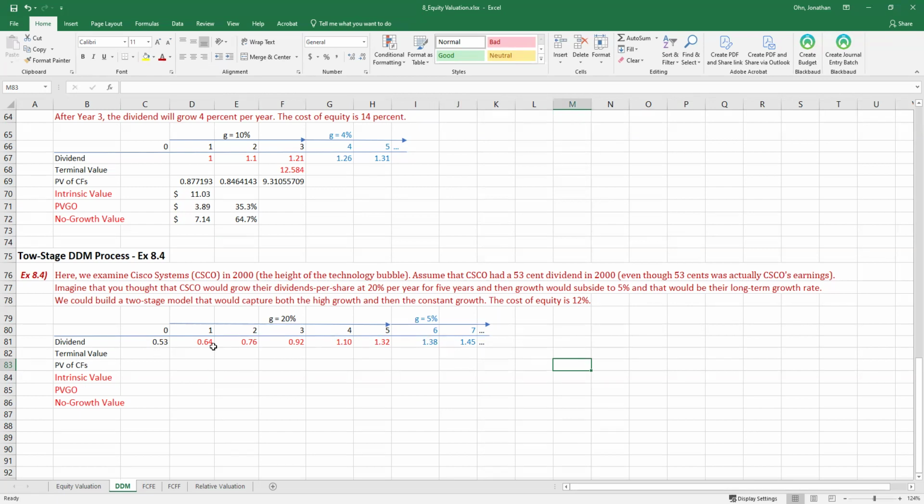So terminal value, as I said, if you have this combination of the abnormal pattern and normal pattern, then you have to tackle this normal pattern first, calculating the terminal value at this timing, either at the end of year 5 or beginning of year 6. Let's calculate the terminal value. It is D1 divided by the cost of equity, 12%, minus the growth rate, here 5%. You see that?